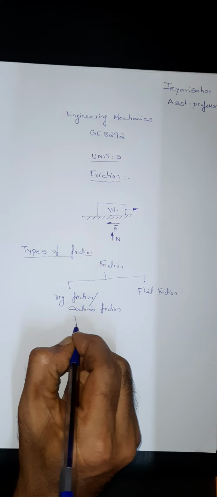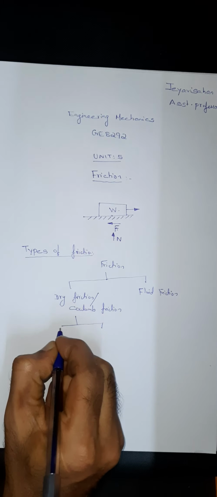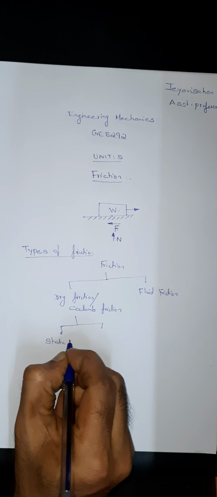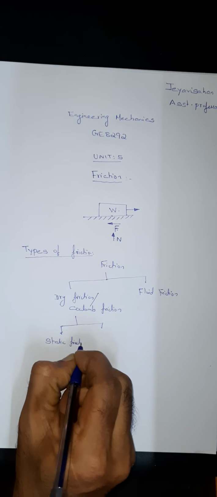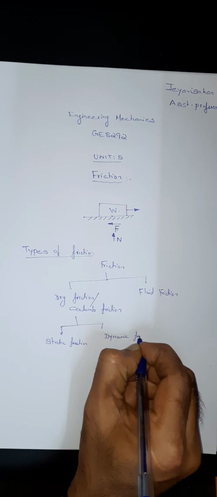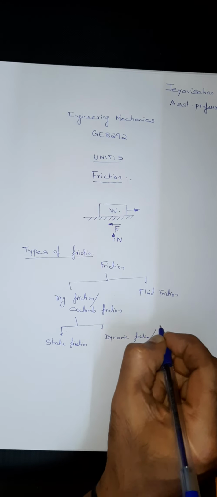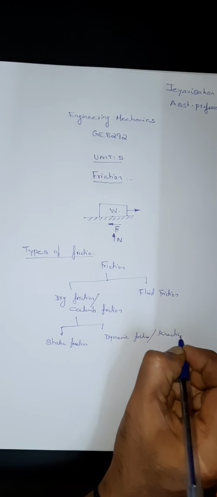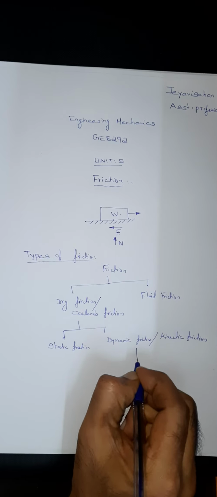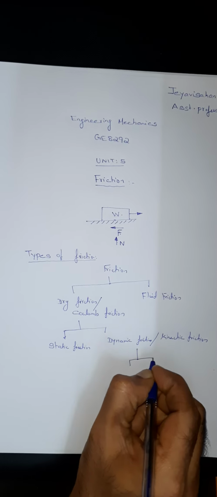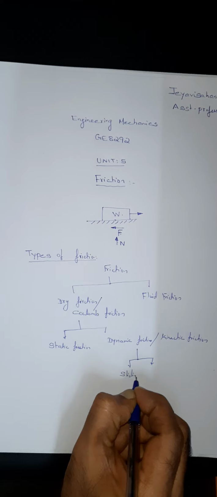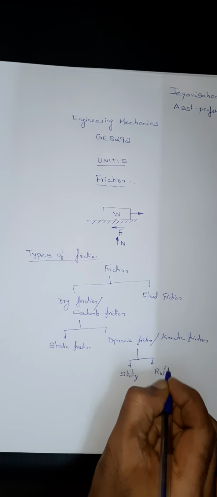This dry friction is further classified into two. The first one is static friction. The other one is dynamic friction. Dynamic friction can also be called kinetic friction. This dynamic friction is further classified into two: sliding friction and rolling friction.